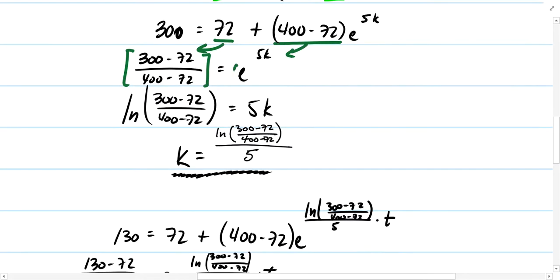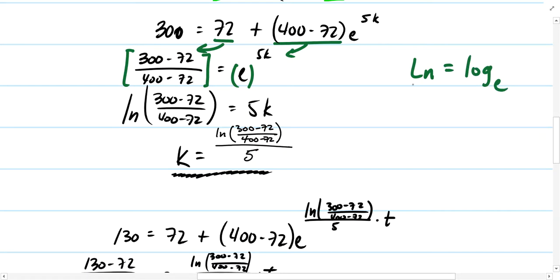Now that we have some base raised to an exponential power here, I could rewrite this exponential as a logarithm. The logarithm requires the same base as the exponent, so that logarithm is the natural logarithm. This ln notation, if you recall, is the same as a logarithm with a base of e.